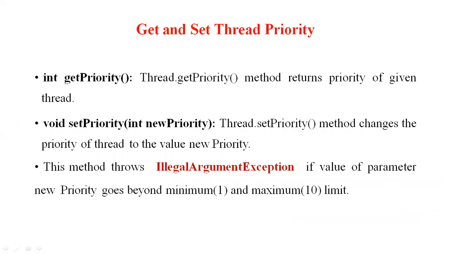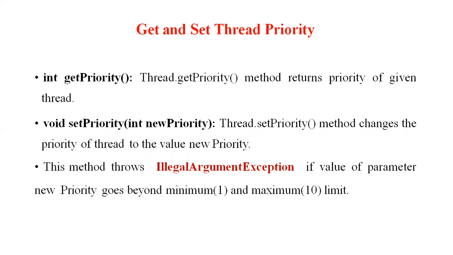Get and set priority of a thread: how to get the priority and set the priority. The int getPriority method, thread.getPriority, returns the priority of the given thread, and void setPriority(int newPriority) sets the priority.